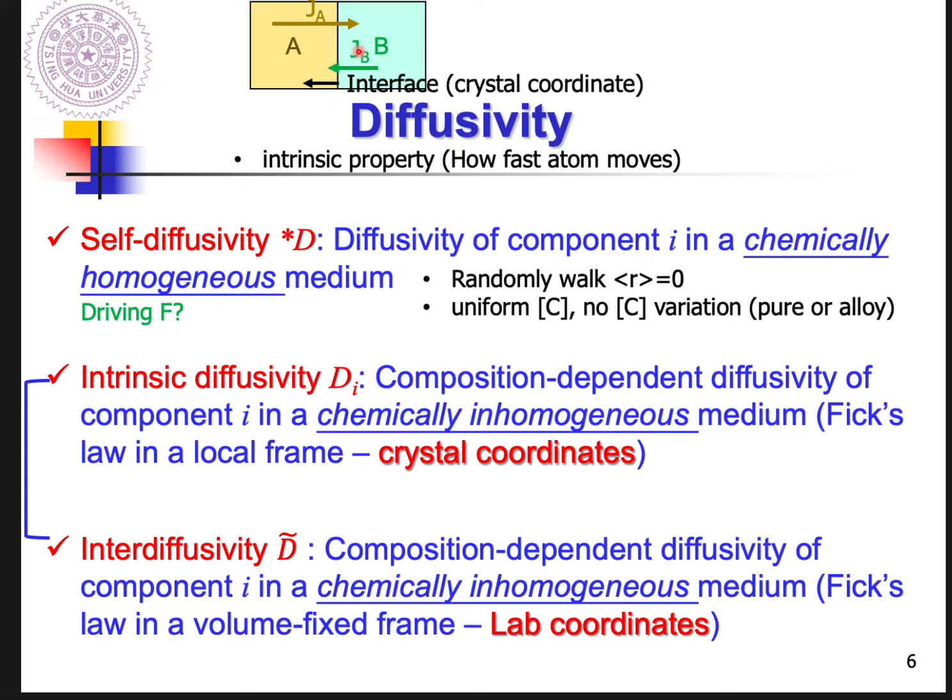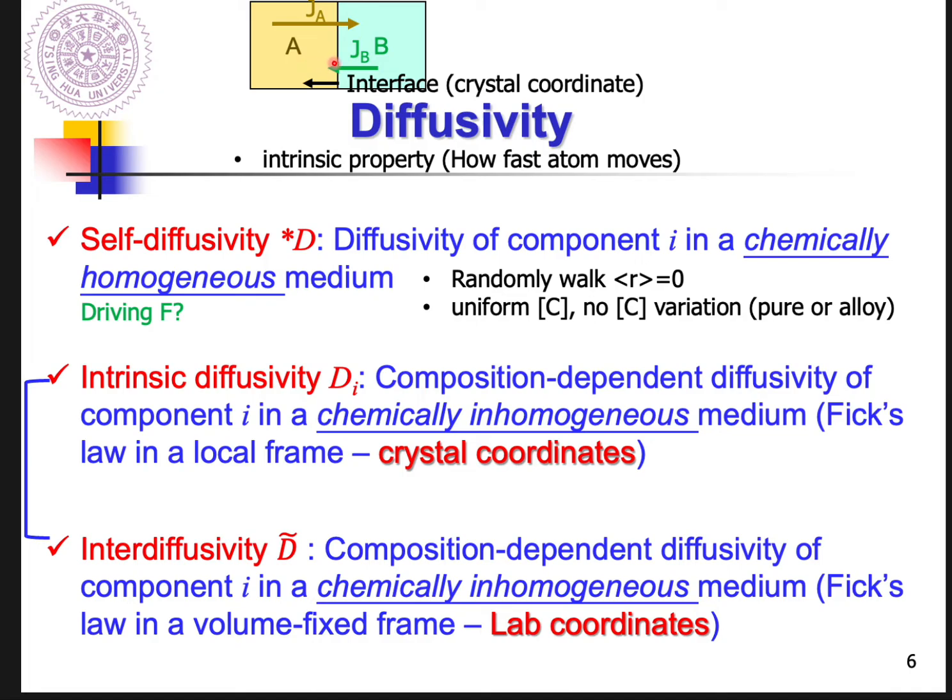That means more A atoms will move to the right-hand side, so that will push the interface toward the left-hand side. So the interface is going to move to the left-hand side with velocity v during the diffusion process.